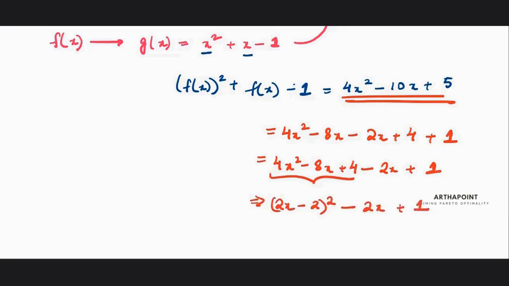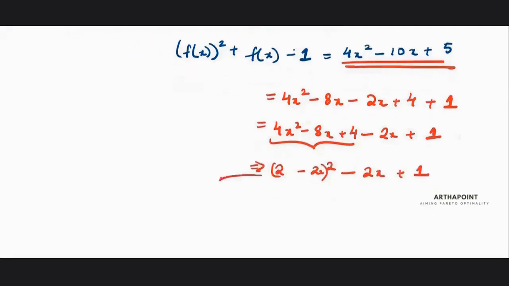You can also write it as 2 minus 2x whole square. It's the same thing. Anything should work, right? If you open 2 minus 2x whole square, you will get 4 plus 4x squared minus 8x. This is nothing but 2 minus 2x whole square.